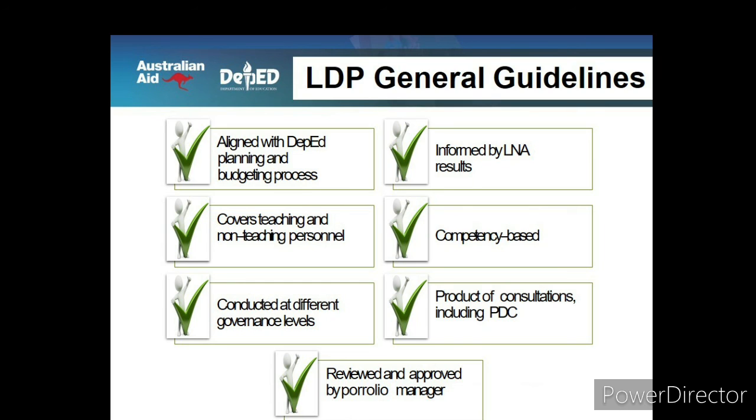In the division level, the PDC is composed of the superintendent as the head, with the participation of the two chiefs as members. And number 7, it should be reviewed and approved by the manager. In the division level, the manager is equivalent to our schools division superintendent, and in the school level, the manager is the school head.